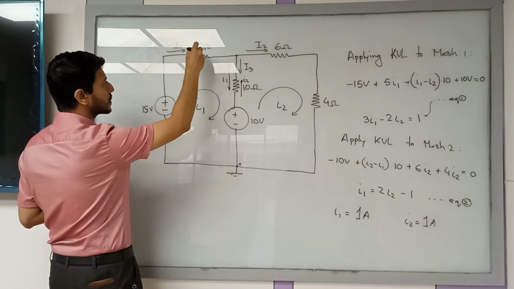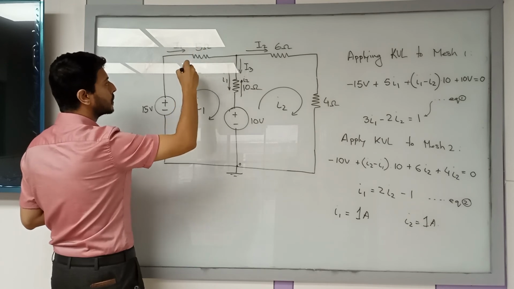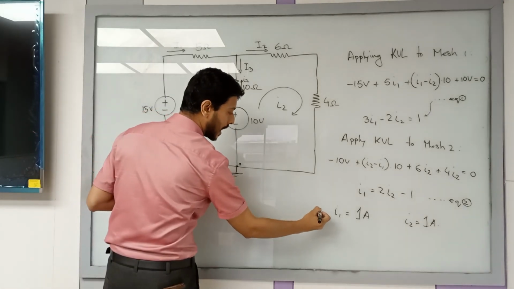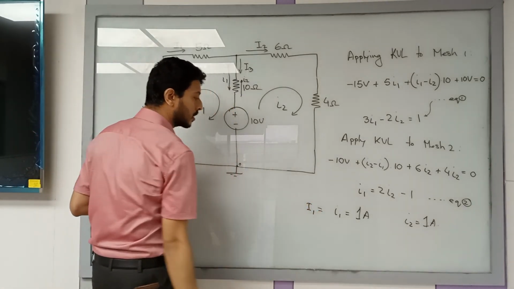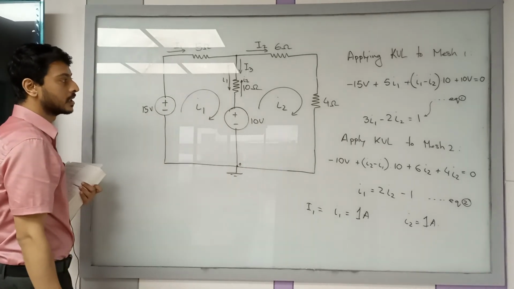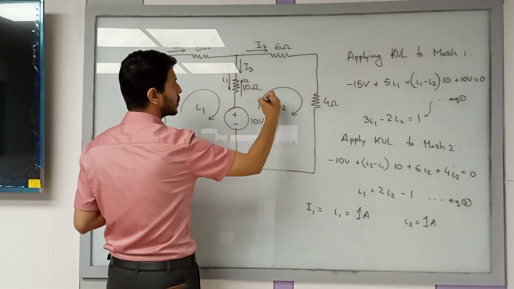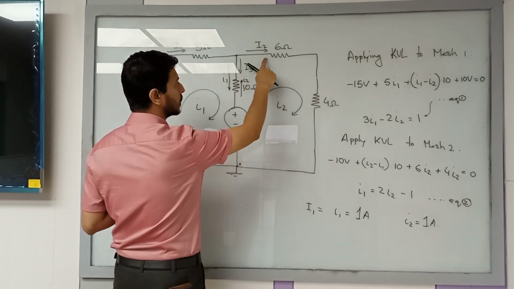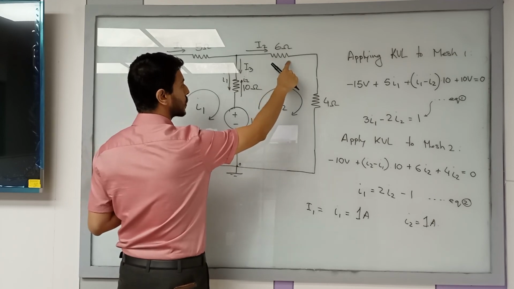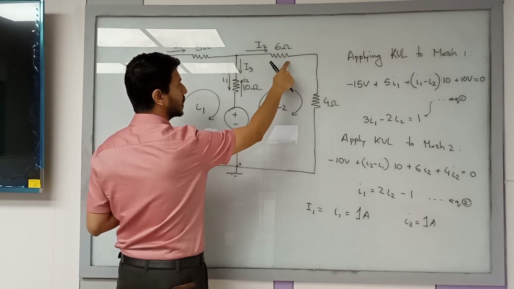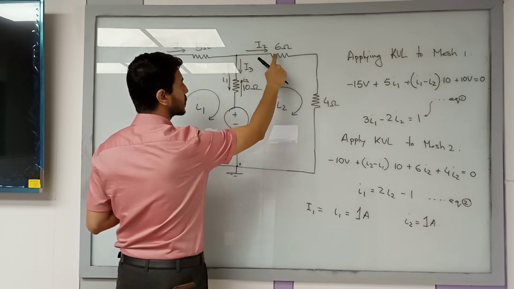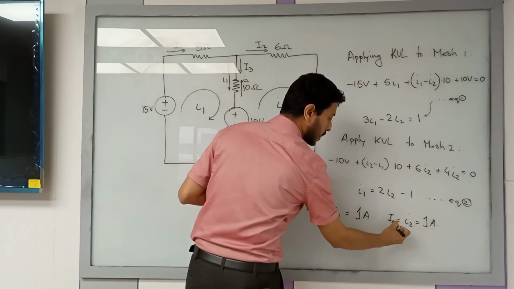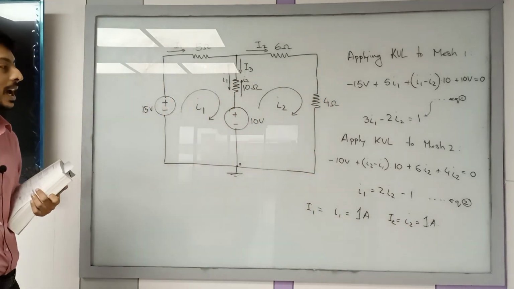This capital I1 is also flowing through this 5 ohm, and both of them are in the same direction. So your capital I1 should be equal to your mesh current I1. Similarly, this capital I2 is also equal to mesh current I2, since mesh current I2 is flowing through 6 ohm and this capital I2 is also flowing through 6 ohm.